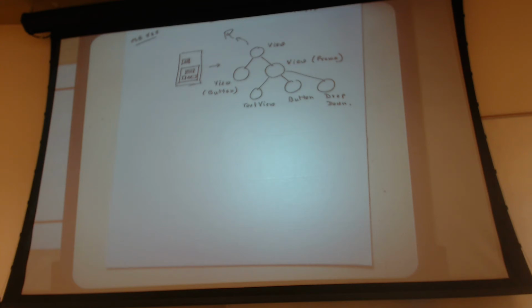As opposed to a drop-down menu. In a drop-down menu, if you click the text, you should be able to change it by writing something. But if you click the arrow, you should see some different options. So buttons, text views, drop-down menu, you interact with it in different ways, right? But in Android, everything is a view.